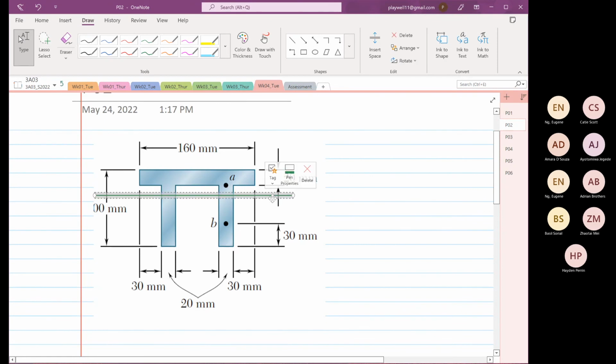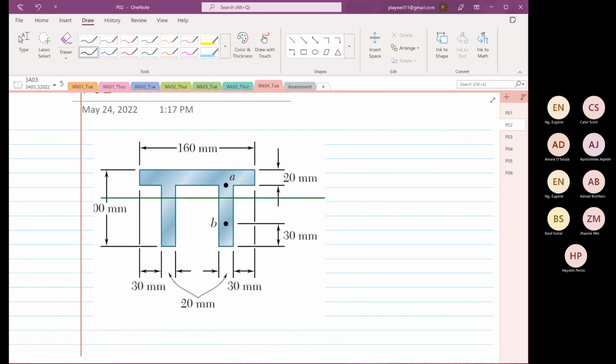Oh, here it is. Computer a bit slow today. So what I mean by that is, now we are going to consider the bottom part.